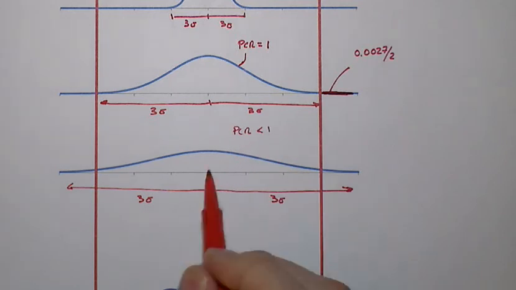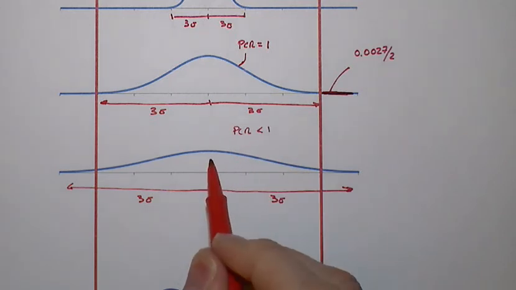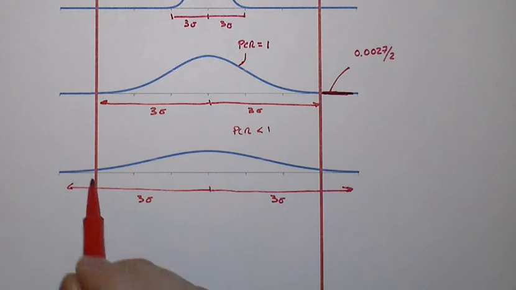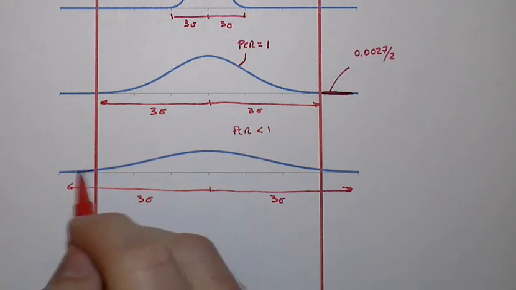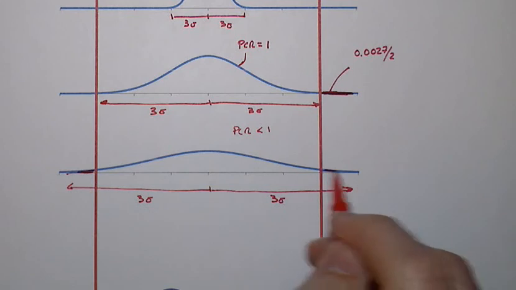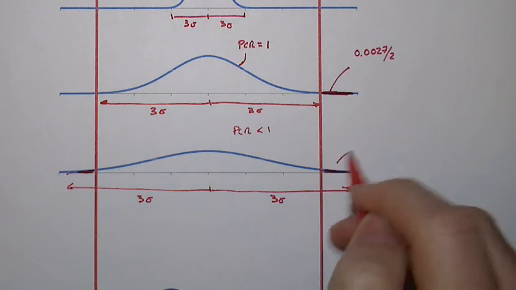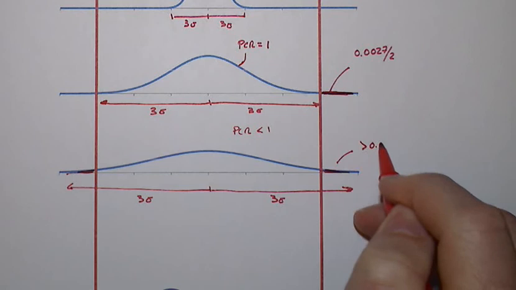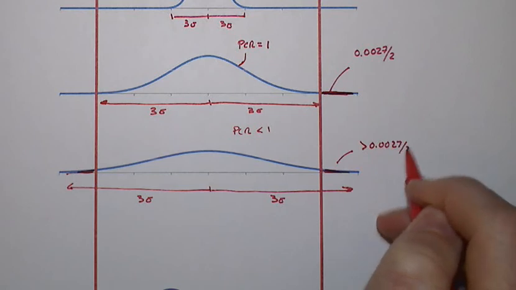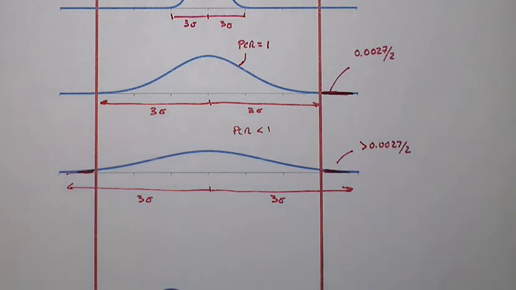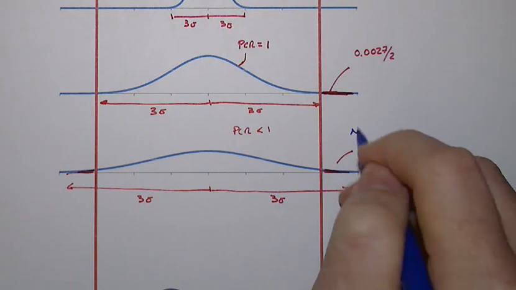And it indicates that our process capability, our variability that's going on, is much broader, and we're extending out past our specification limits at a much higher fraction of time. So here our area is going to be greater than 0.0027 over 2. And note, these areas outside are essentially our non-conforming units.